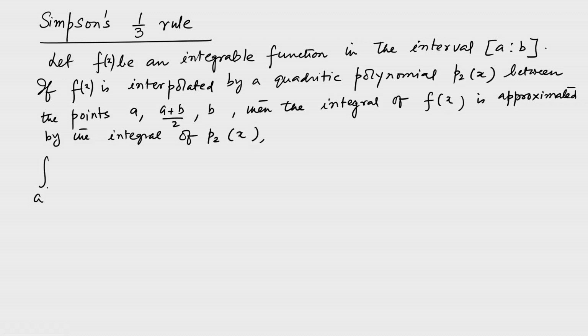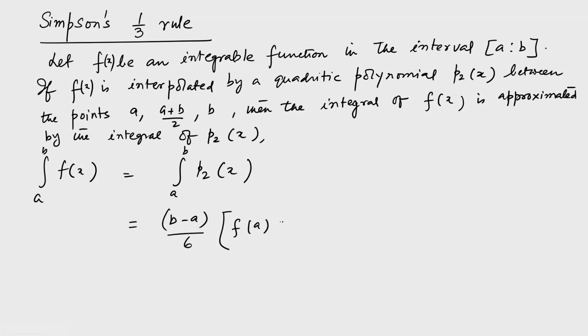So, which is the integral from a to b of f(x), it is equal to the integral from a to b of P2(x), which we have seen has a form which is equal to f(a) plus 4 f((a plus b) by 2) plus f(b). Okay.